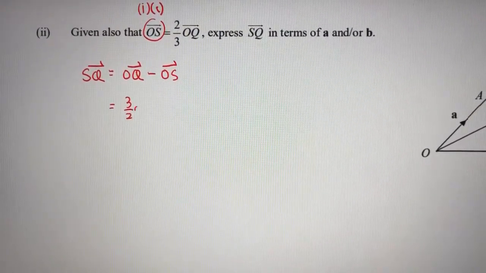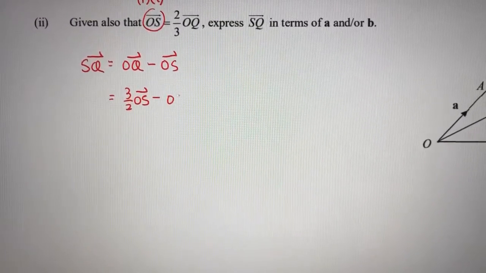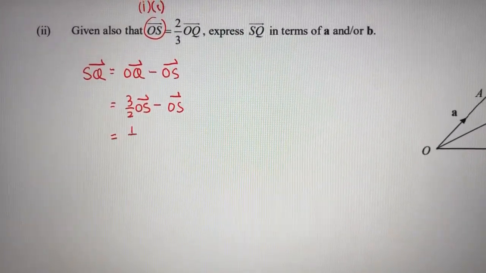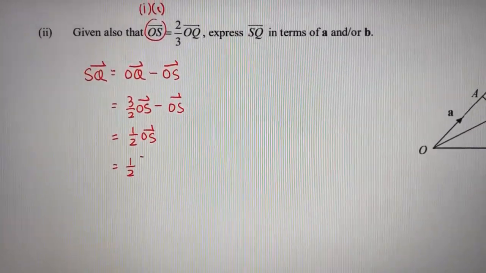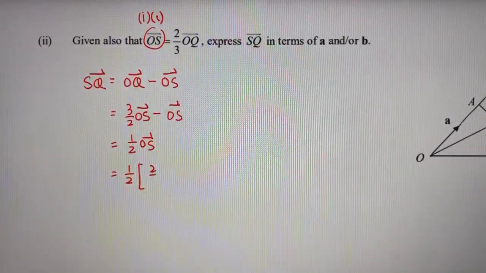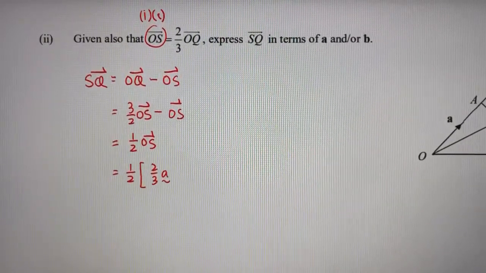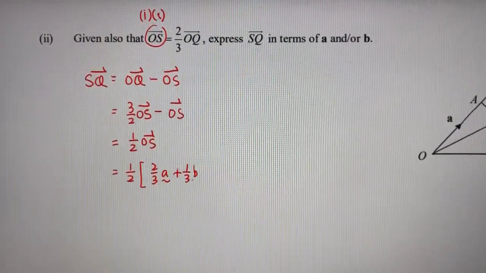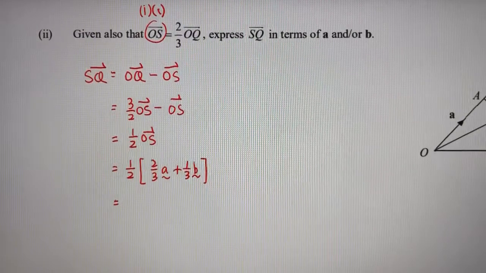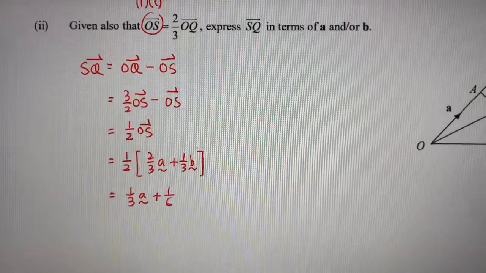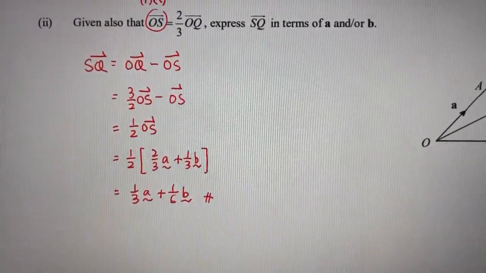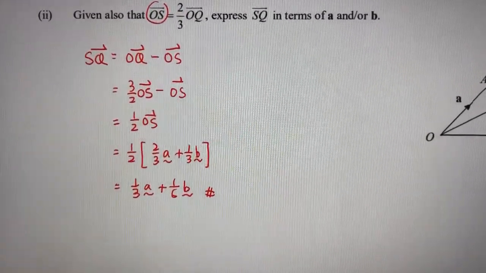And with that, we can re-express OQ to be 3/2 times of OS and minus OS, therefore we are left with 1/2 times of OS. So substitute the answer that we have found in the previous part for vector OS. We can then find the vector of SQ to be equal to 1/3 of A plus 1/6 times of B. And that's the answer for part 2.